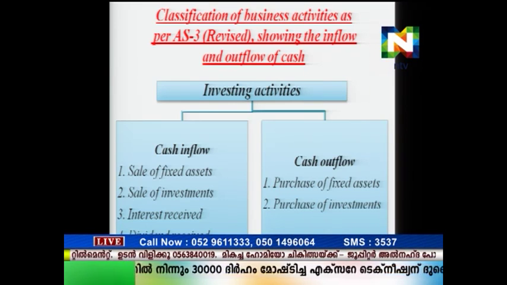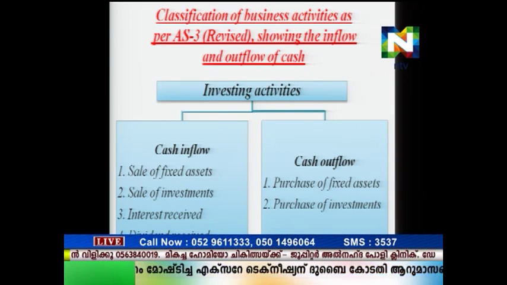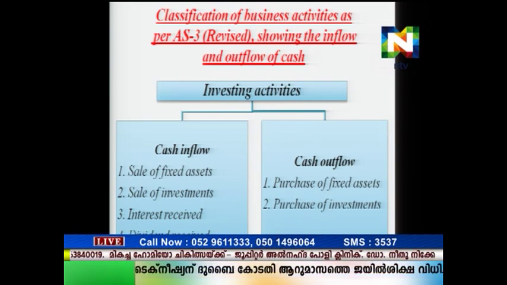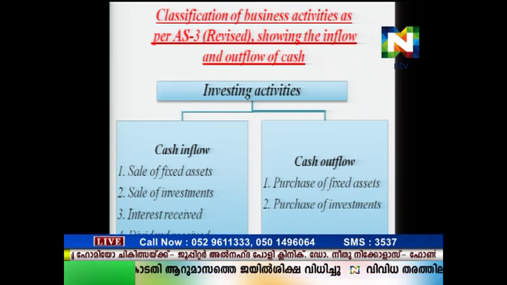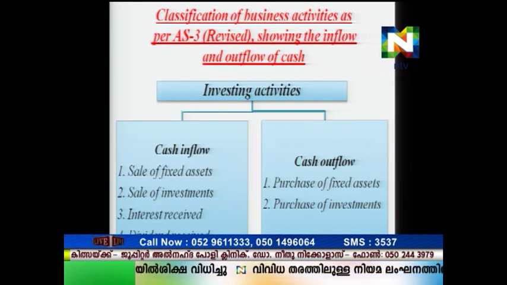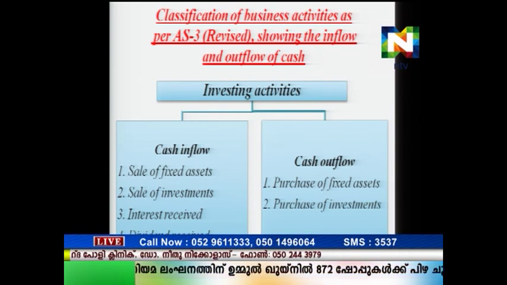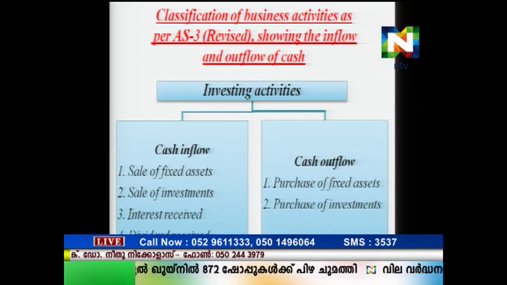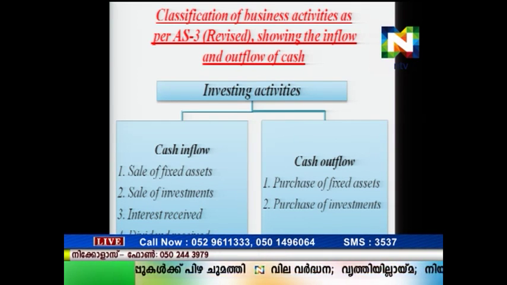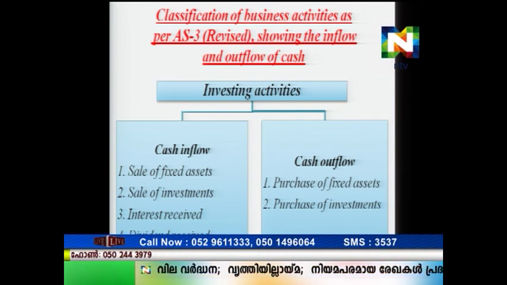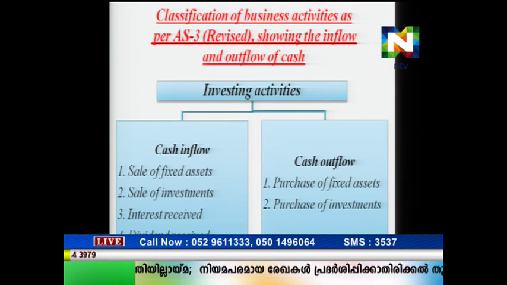Now look at the outflows: purchase of fixed assets and purchase of investment. We are purchasing a building, so is cash coming in or going out? Cash is going out. It is a part of applications. So this comes under investing activities, but it is a part of outflow.